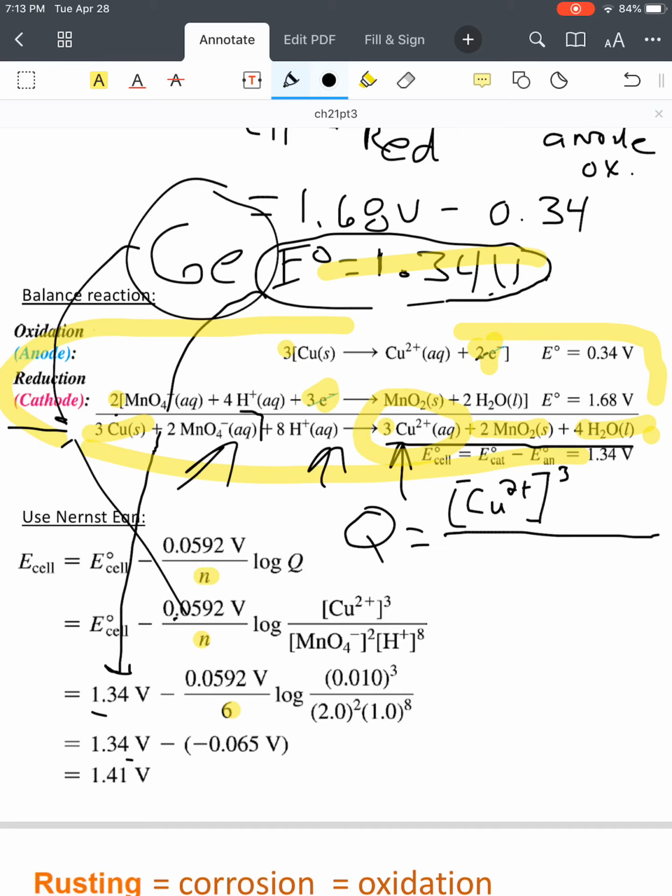But look, my next reactant is an aqueous ion. That one needs to appear, doesn't it? So I write a term for the molarity of my permanganate ion, MnO4 minus, and I'm going to square that one by virtue of the 2 in the reaction stoichiometry. And likewise, it looks like my next term is also going to be for another aqueous ion, which is H+.